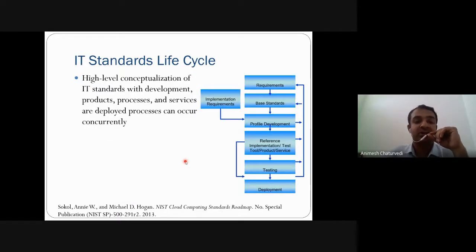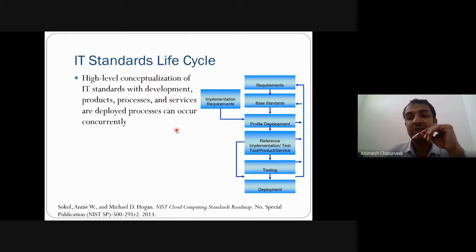There are also NIST IT standards for the life cycle. This is general: how the requirement phase should go, how the base standard should be set, how the profile of development should be done, how referencing, testing, and deployment should be done. If testing is satisfied, then you'll do the deployment.